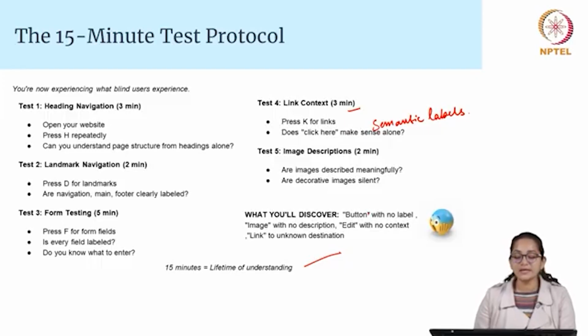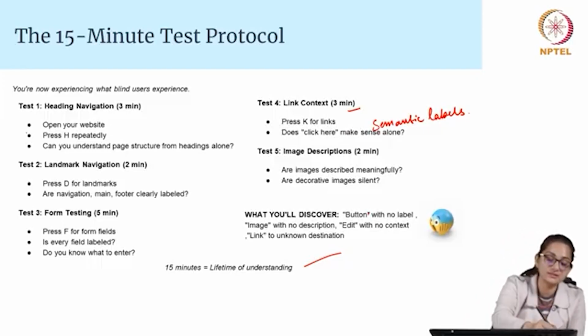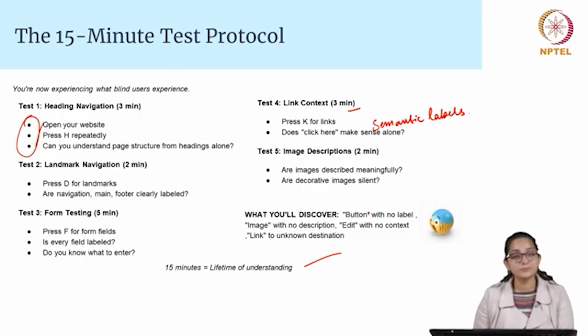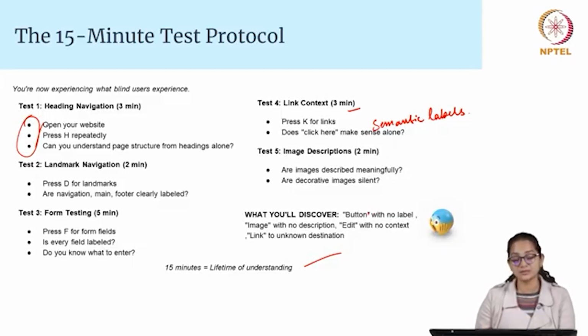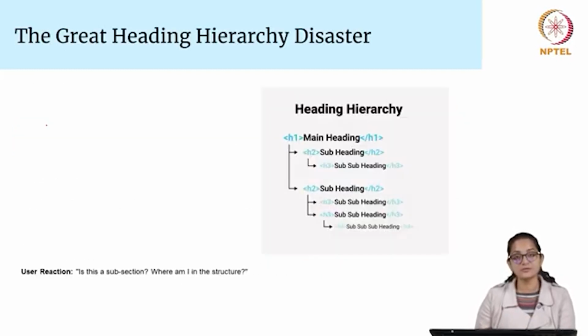So now let us try to understand. In this part we are again speaking with a lot of emphasis on the fact that landmark based navigation is very important, and whether your headings make sense or not, or whether the sequence of the headings and the structure make sense or not, that we'll try to understand. So what is a heading hierarchy?